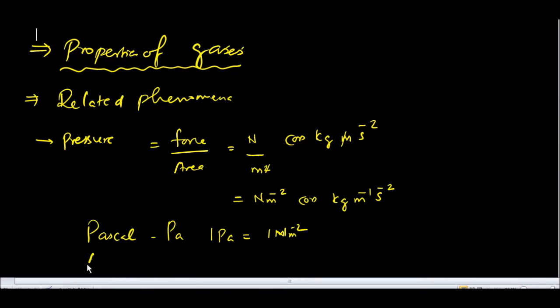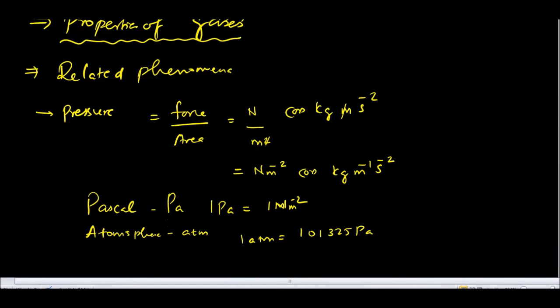And another unit to represent pressure is the atmosphere, noted as atm. And 1 atm is equal to 101,325 pascals. This much of pascals are equal to 1 atmosphere.